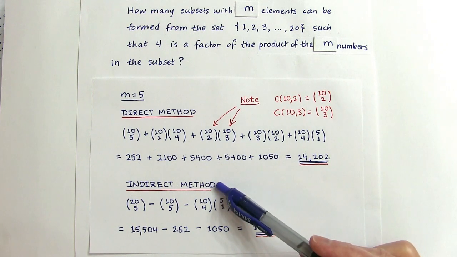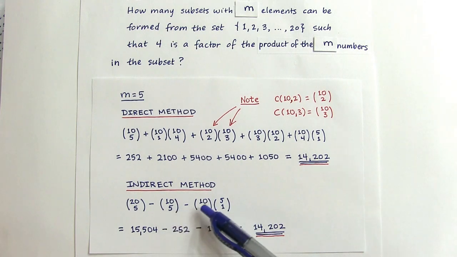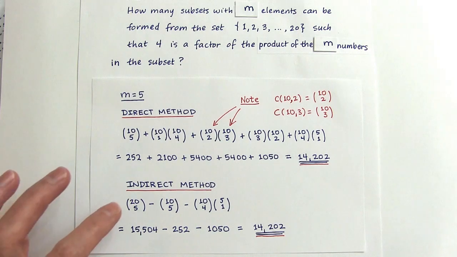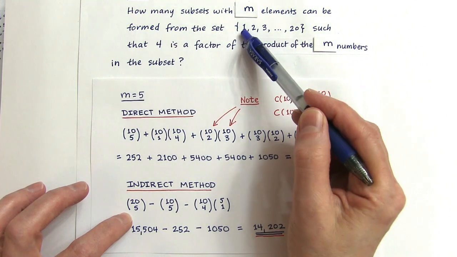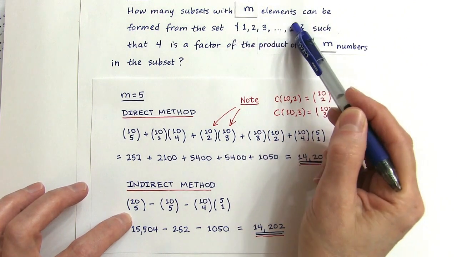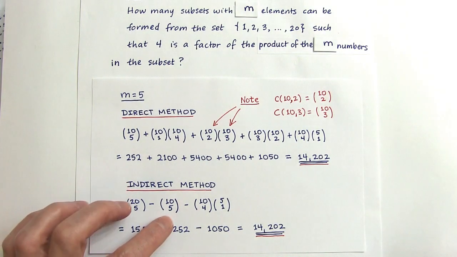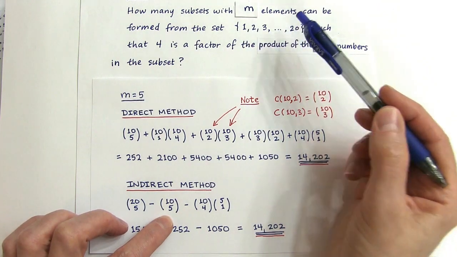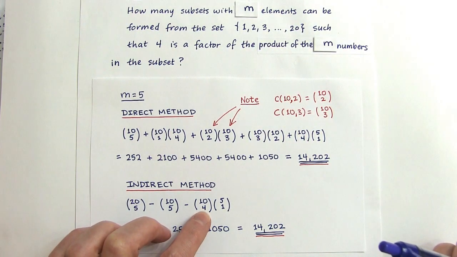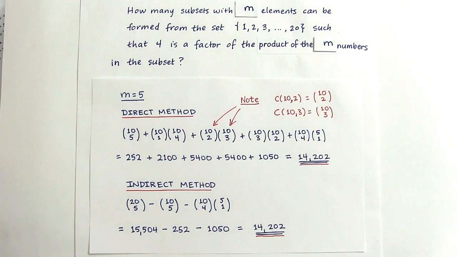But the indirect method involves the computation of only 3 numbers again, and subtracting these 2 from the total. So there are 20 choose 5 ways to make subsets of size 5 from this set. And then there are 10 choose 5 ways to choose all odds, and 10 choose 4 ways to choose 4 odds and 1 even, so that it's not divisible by 4.